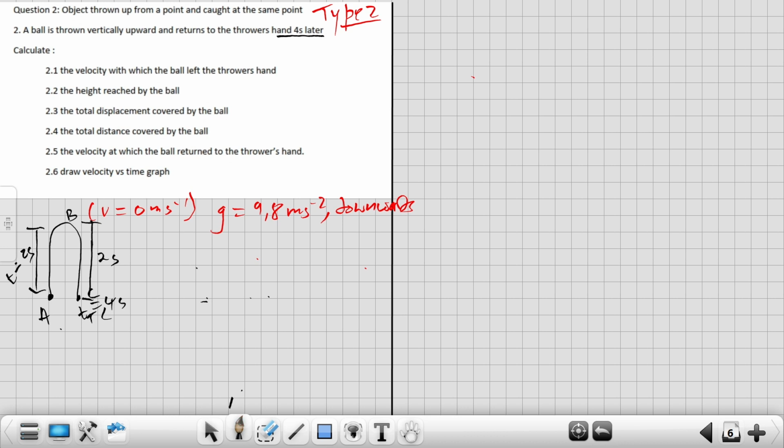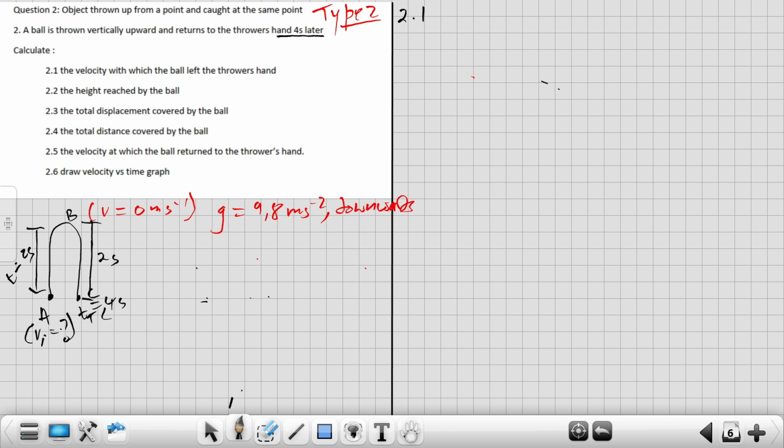We'll start with 2.1. At 2.1, they say calculate the velocity with which the ball left the thrower's hand. So what is the question? The question is basically asking us for V initial at A. So I know where the position is that I need to start calculating for.